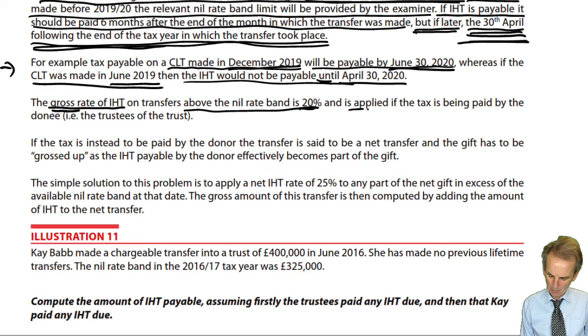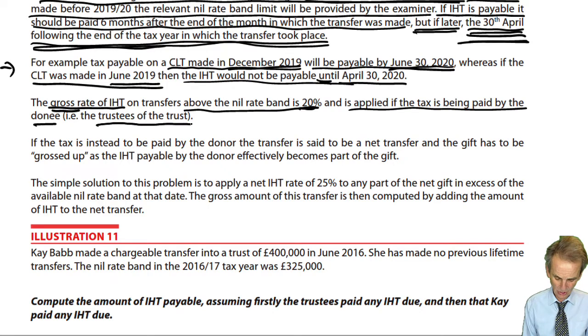20% is applied if the tax is being paid by the donee. The donee in respect of the trust, that's the trustees of the trust.